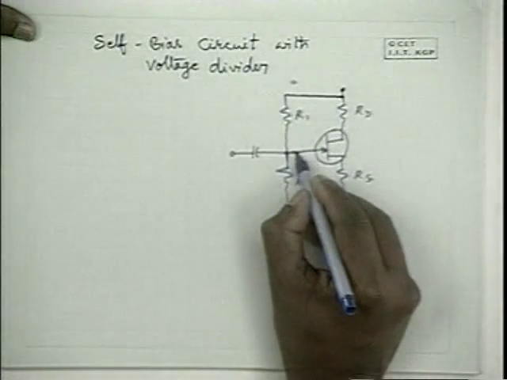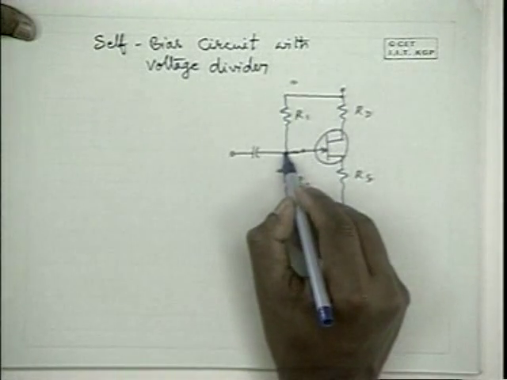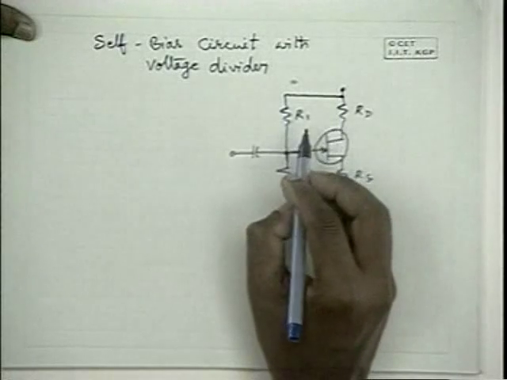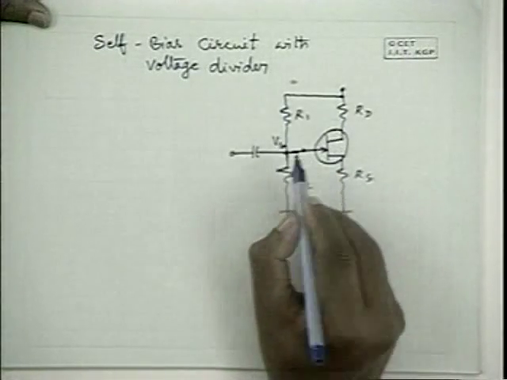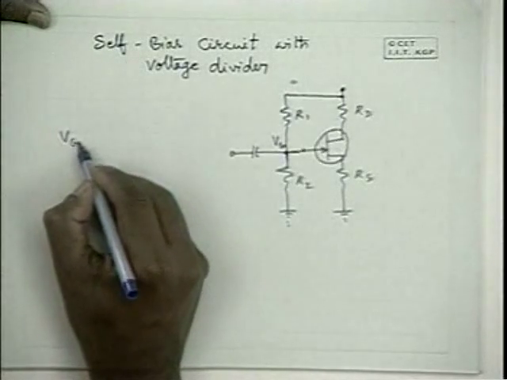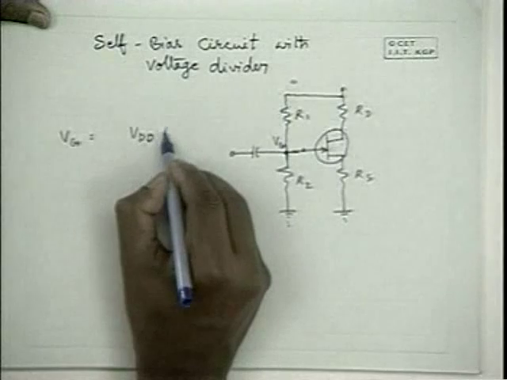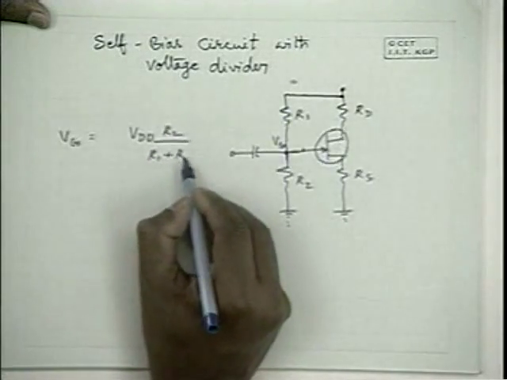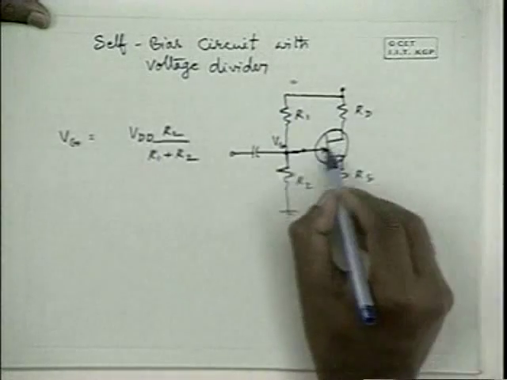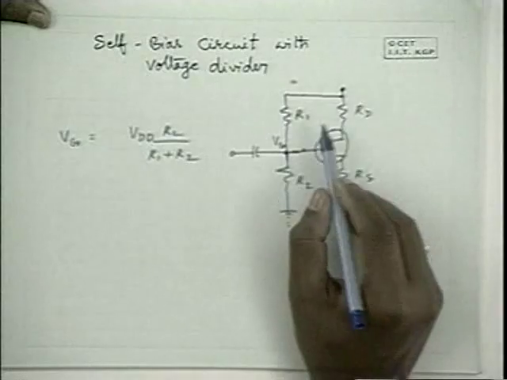For all practical purposes, this current is zero. As I have explained, the gate current is zero. Therefore, the potential at this point, if I call it Vg, is VDD into R2 by R1 plus R2, because no current flows through this, and this is an open circuit as far as DC is concerned.